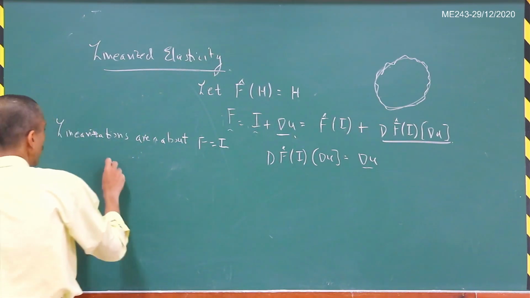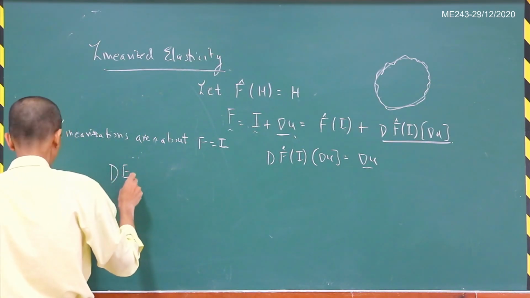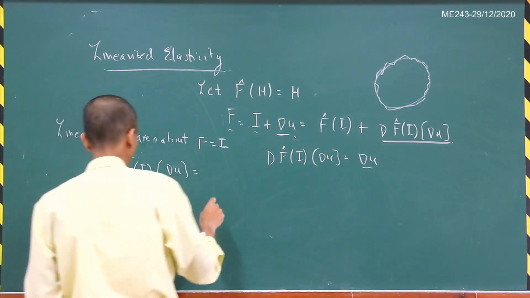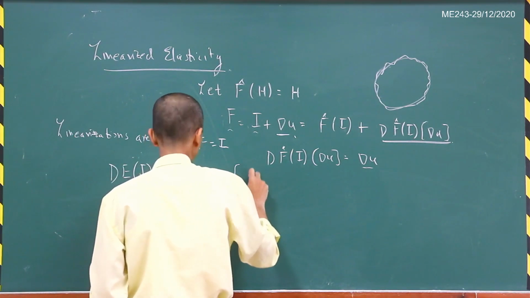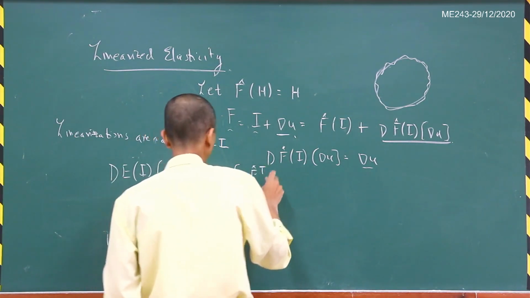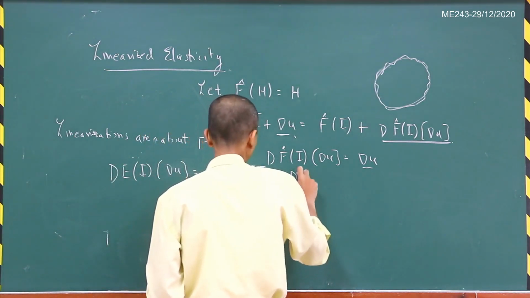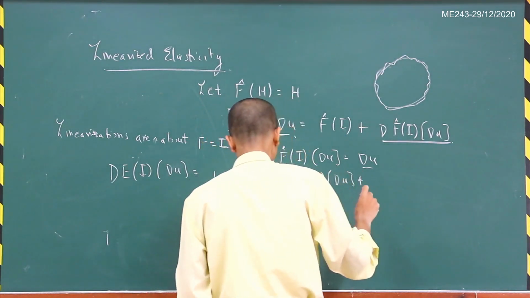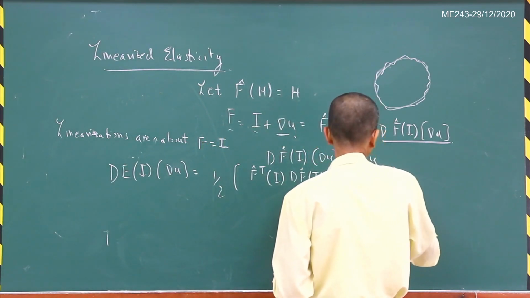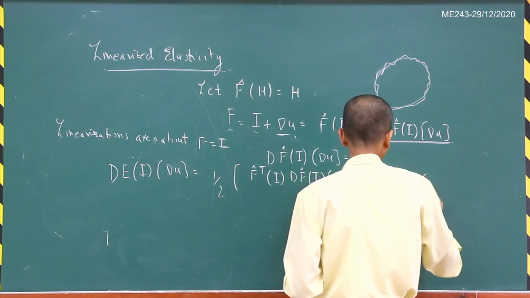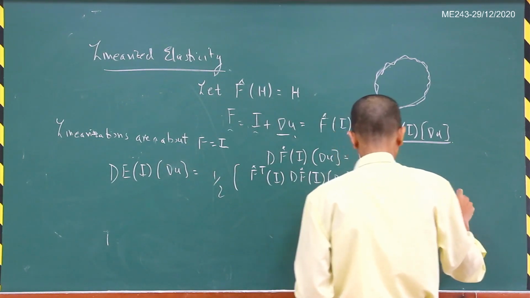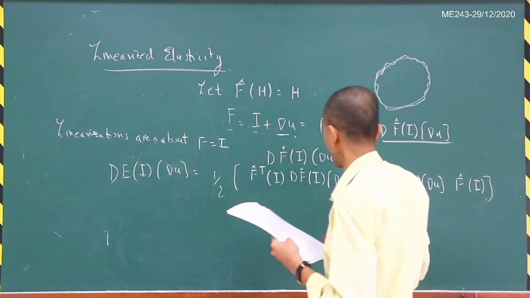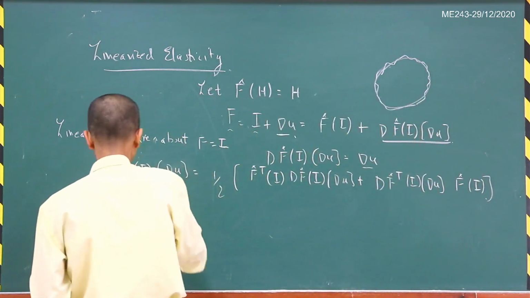So d now of E evaluated at I in the direction of del u is equal to half of f hat transpose evaluated at I times d of f hat of I in the direction del u, plus d of f hat transpose evaluated at I in the direction del u times f hat of I. Okay, because everything is being done at the identity tensor, this is F equal to I here.